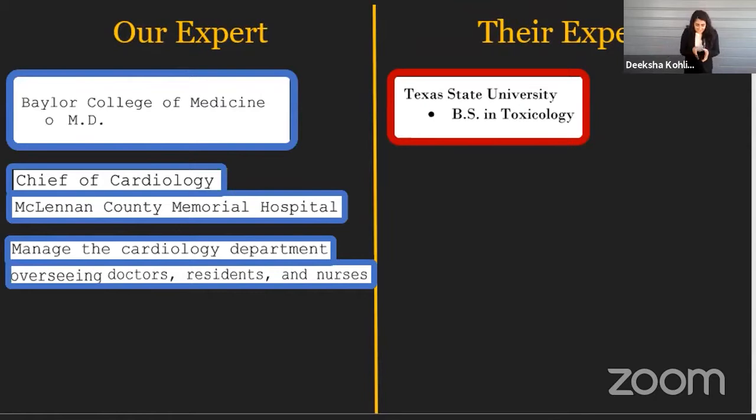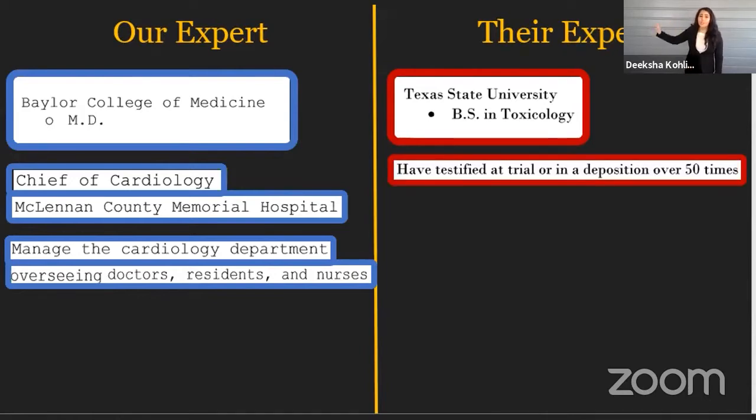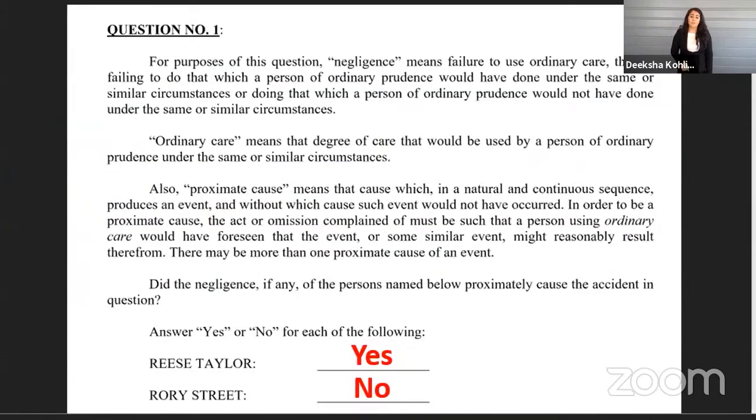Our expert is in Waco working with doctors. Their expert travels around the country working with lawyers. The defense case requires a comparison of the experts, but there's no comparison. The defense has failed to meet its burden.